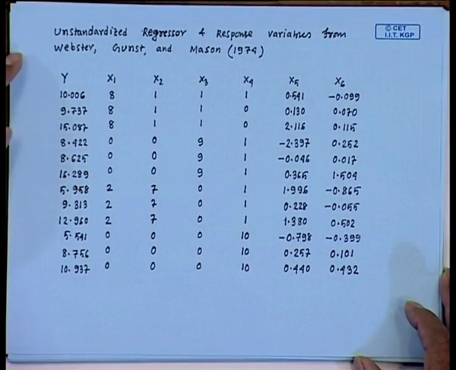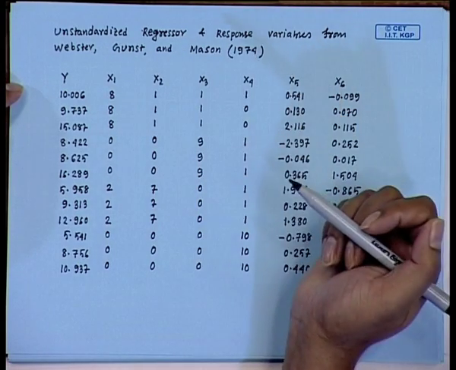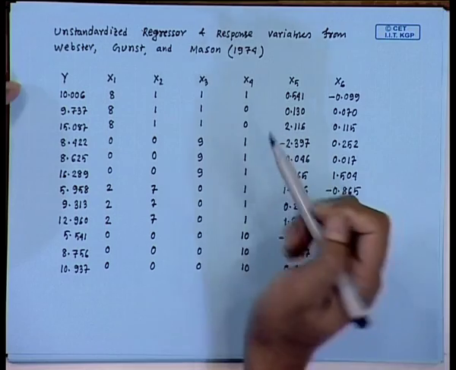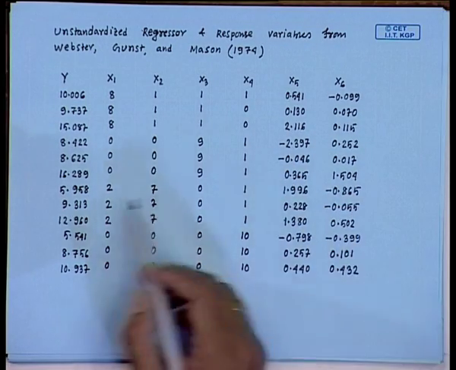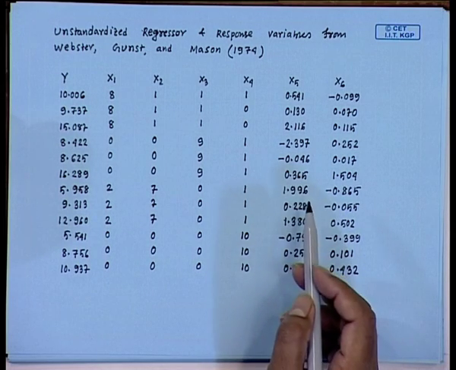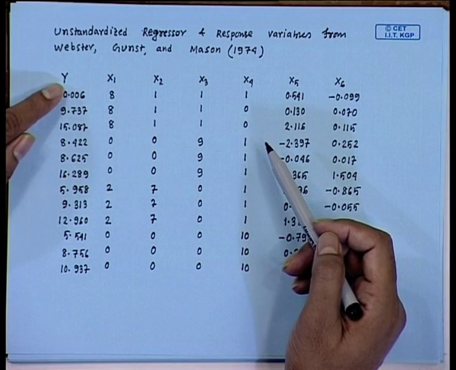Let me give one example to illustrate this fact. I will be taking this data: unstandardized regressor and response variables from Webster, Gunst and Mason. I will refer to this data as the Webster data. Here we have 6 regressors and a response variable.